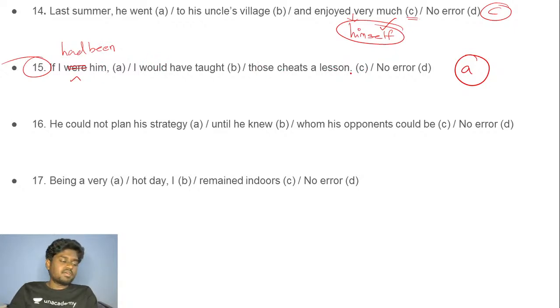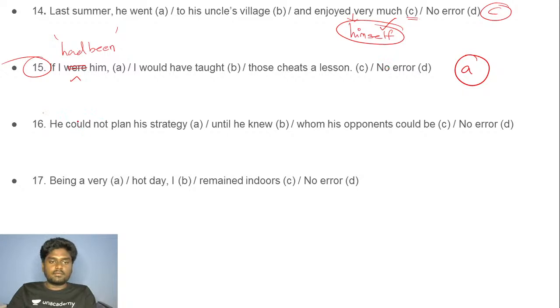Why? Because as we are referring to the past action, the one that has been completed, we should insert if I had been him, I would have taught those cheats a lesson. Very good, very good. Go for the 16th. Come on.